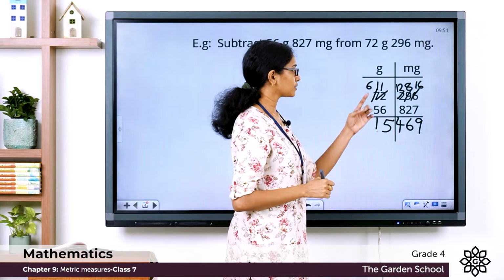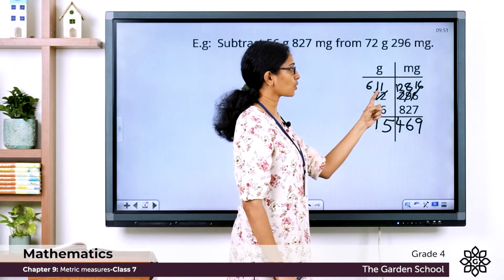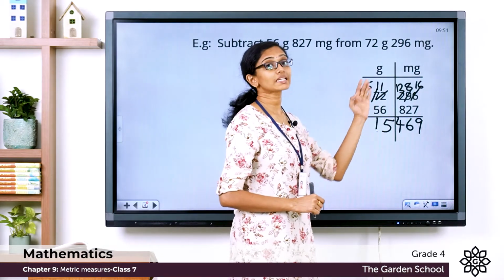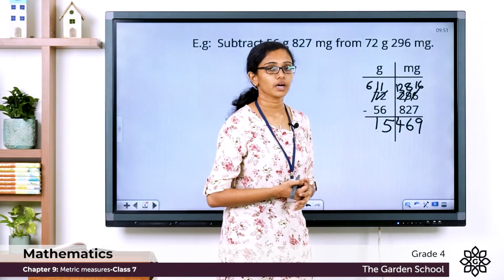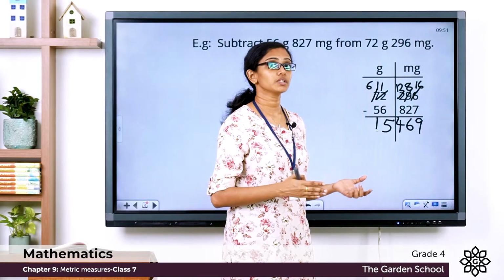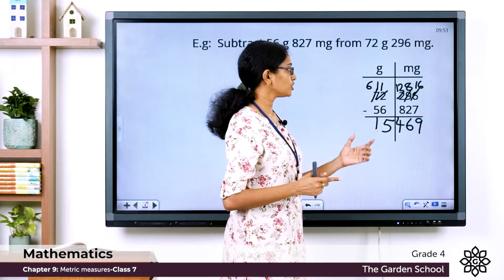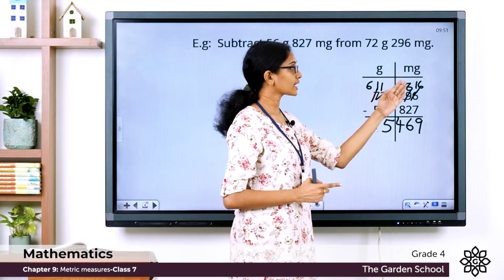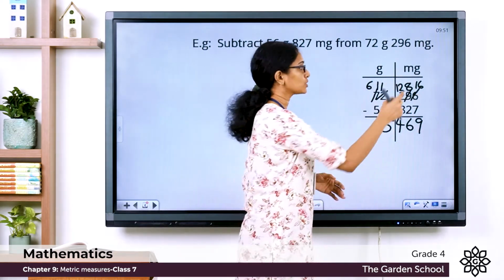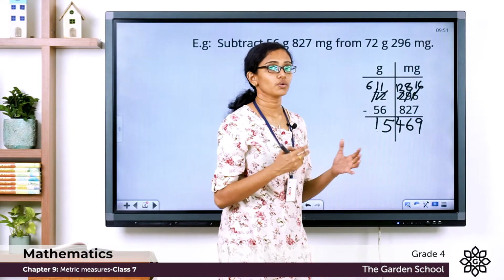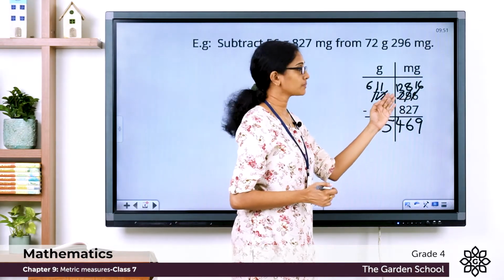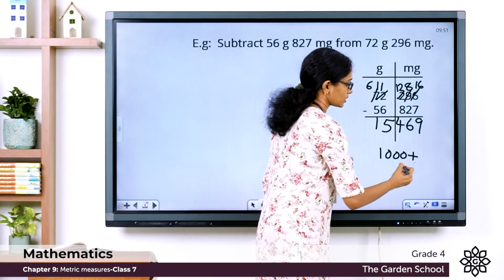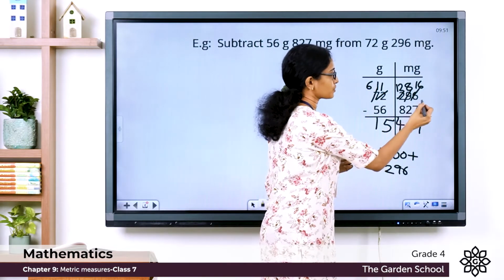Keep in mind that when you borrowed 1 from the grams column and gave it to the milligram column, you are actually giving 1 gram to the milligram column. And what is 1 gram? 1 gram is equal to 1000 milligram. So when you borrow 1 from the grams column, you are giving 1 gram or 1000 milligram to the milligram column. So here it becomes a total of 1000 plus 296 milligram, which were already here.